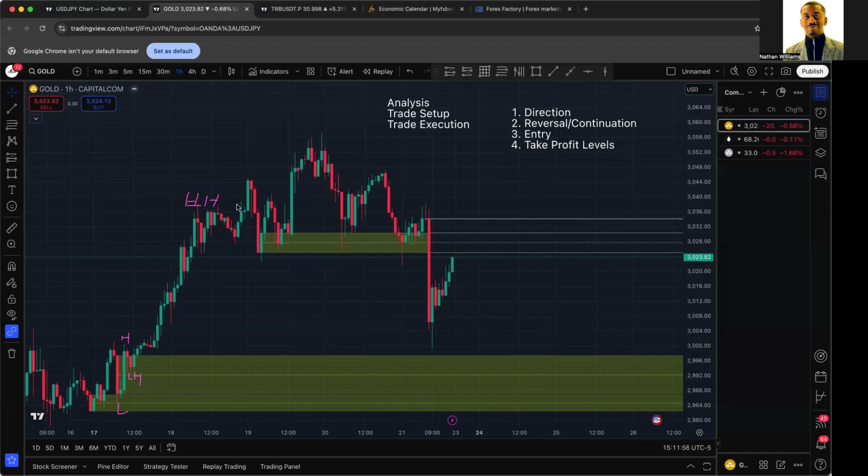Price pulls back, you got a lower high, then you got a higher high. Now, right here, you had a change of character. The last bearish candle before price broke structure right there, we closed below it. But then immediately we pushed back above it, breaking that and making a new higher high.